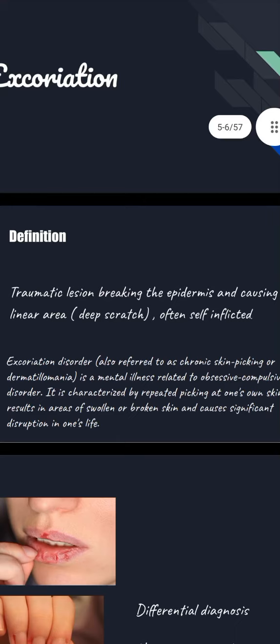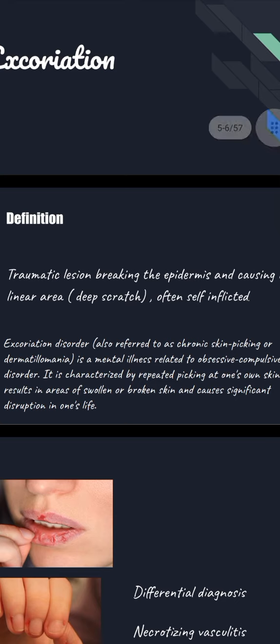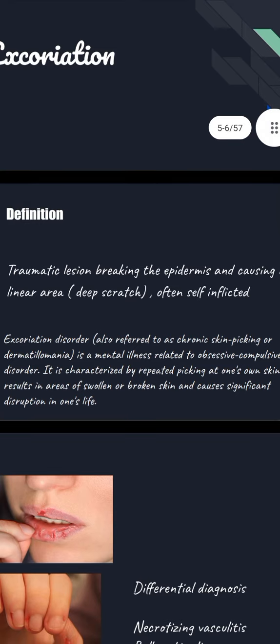Excoriation disorder, also referred to as chronic skin picking or dermatillomania, is a mental illness related to obsessive compulsive disorder. It is characterized by repeated picking at one's own skin, results in areas of swollen or broken skin, and causes significant disruption in one's life.